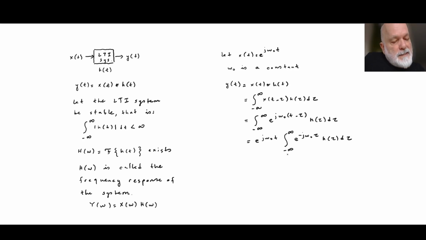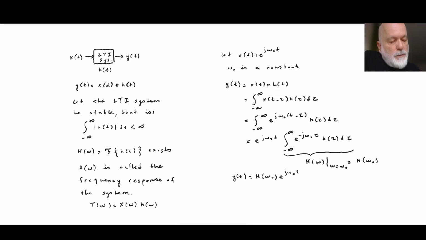But as we see, this integral is nothing but the Fourier transform of h of tau evaluated at omega equal to omega 0. So this is H of omega evaluated at omega equal to omega 0. In other words, it is H of omega 0. So y of t is equal to H of omega 0 e to the j omega 0 t.